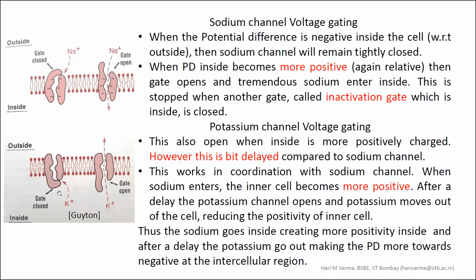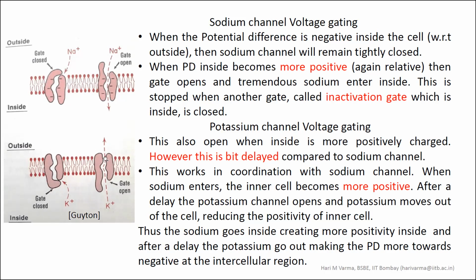The moment the potential is very high, the sodium channel will open, the activation gate will open, and sodium starts going inside. At the same time, the potassium door also gets the signal to open, but it will not respond faster. It will respond after a time delay. By that time, a lot of sodium will come inside and it will increase the cell potential to a very large value. After this lazy period, this guy slowly opens the door so that the potassium can go out. It's late, but that's fine.